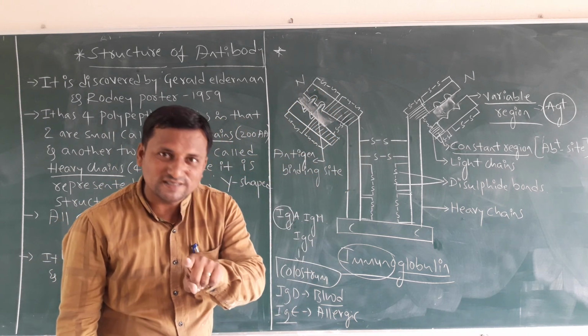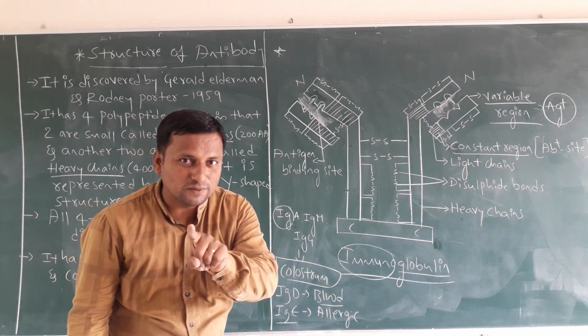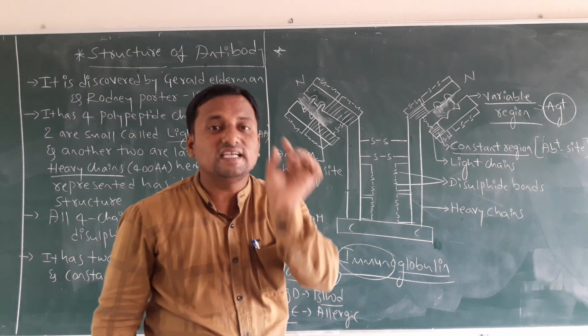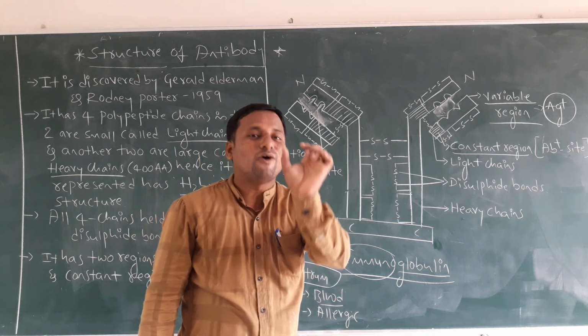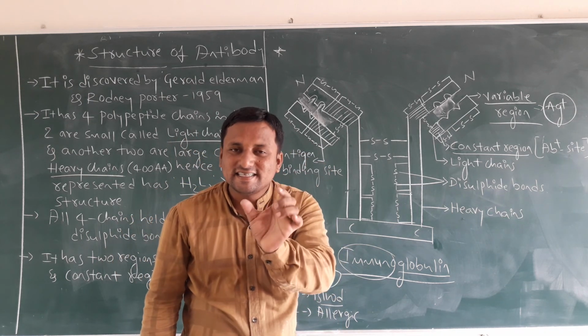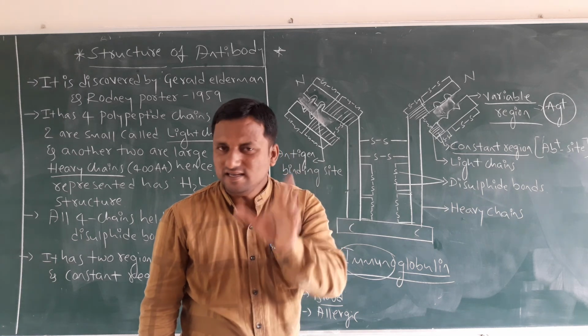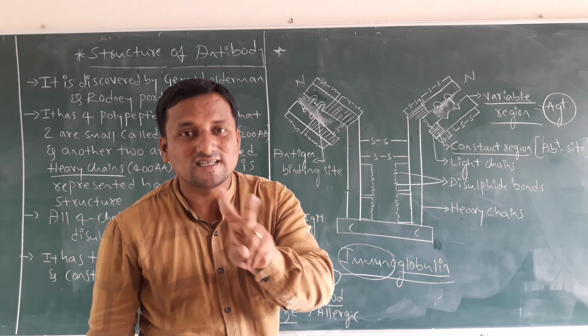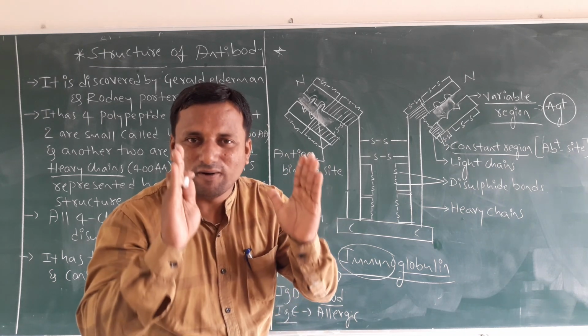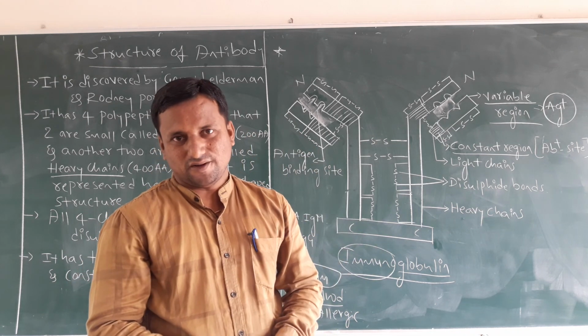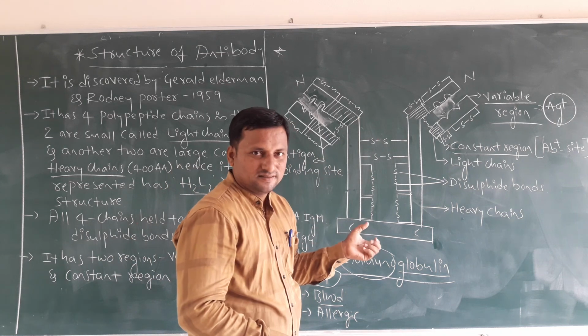Antigens are present and antibodies are also present, but you must remember in which site. Antibodies are present in the constant region and antigens are attached in the variable regions. These two regions are present in the one Y-shaped structure of the antibody molecule. Okay, na? Then come to the next one.